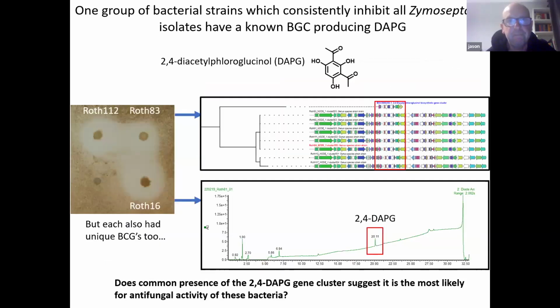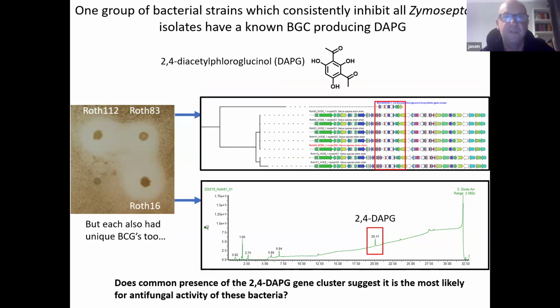And as a proof of principle, what we did identify in the genome of some of these inhibitory bacteria was a biosynthetic gene cluster that is likely to produce the known product DAPG, 2,4-diacetylphloroglucinol, which has been shown to be antifungal in various different assays and historically against various different species.